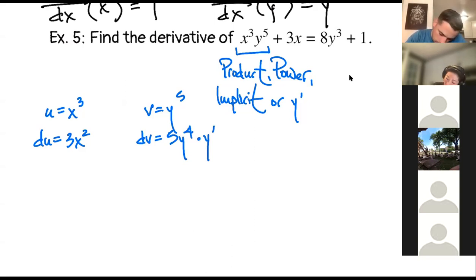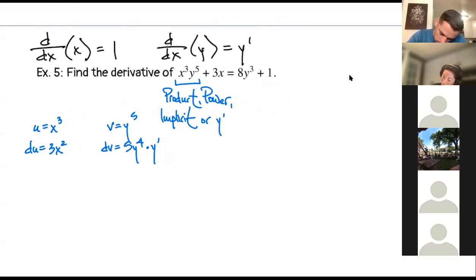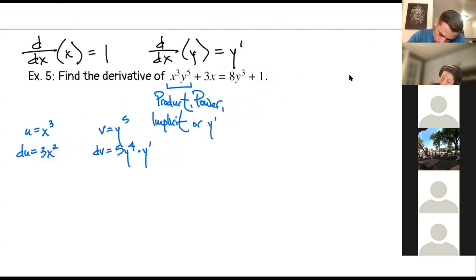All right, let's write out the setup for a few more of the other parts. Let's go with this one, the 3x. What rule or rules will we need to find the derivative of 3x?